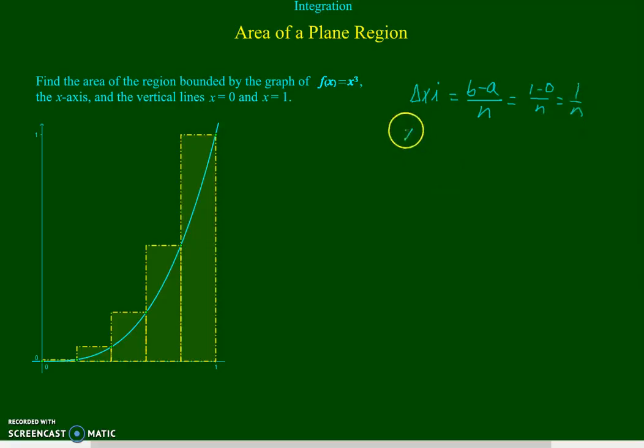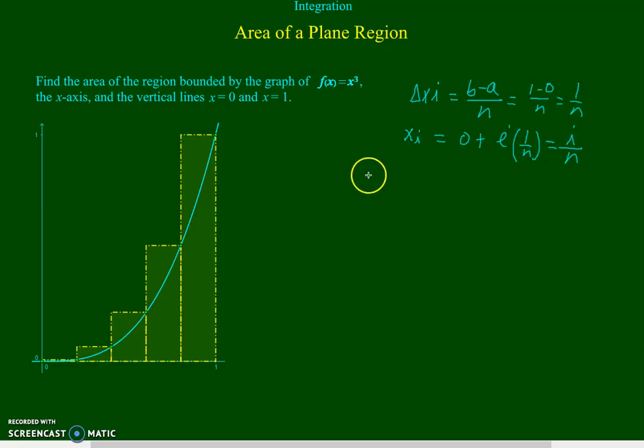Now our x sub i, that is the x value for our endpoints, for the sake of ease of use, we're going to pick the right endpoints because I don't want to go through all that i minus 1 business. So we have the lower limit, 0, plus our i term times our delta x, the width of each subinterval, which gives us i over n.